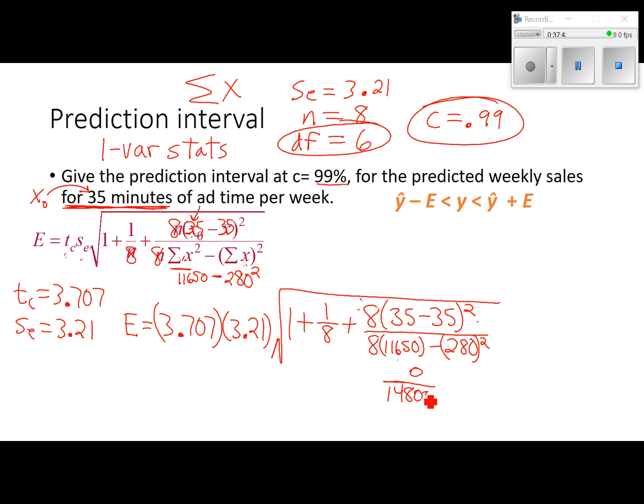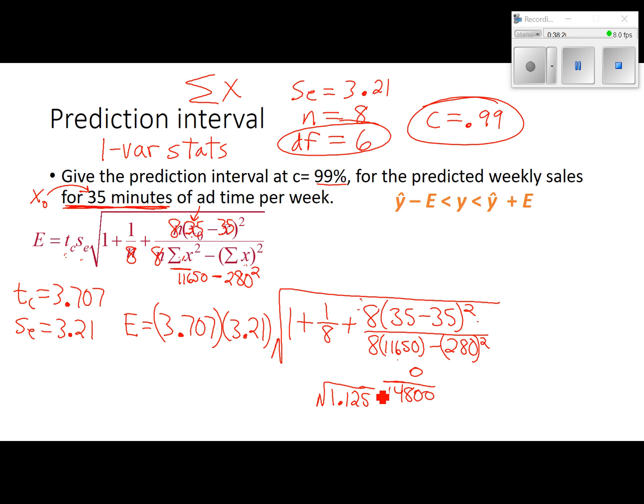But now I have that answer on my calculator, and I would just hit plus 1 divided by 8 plus 1, and I end up with everything under this radical, all of that came out to be just 1.125.